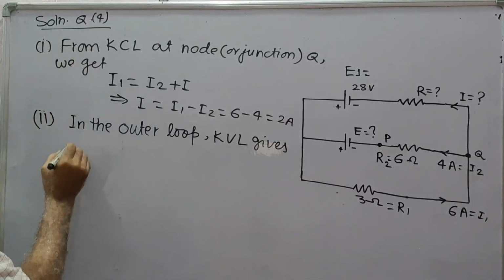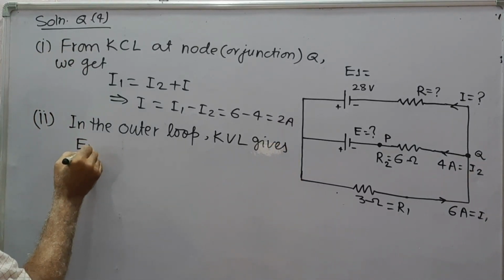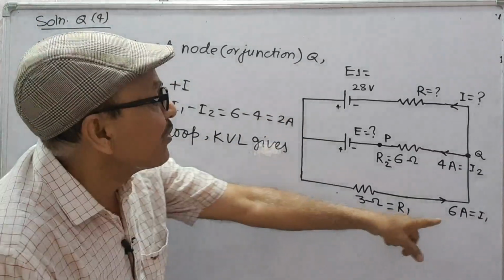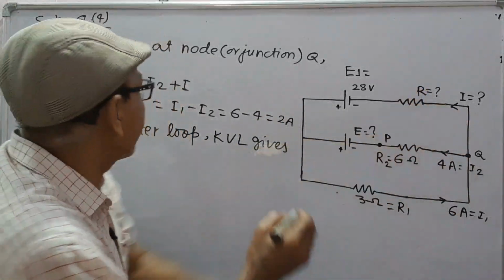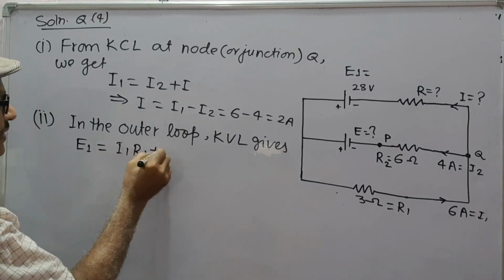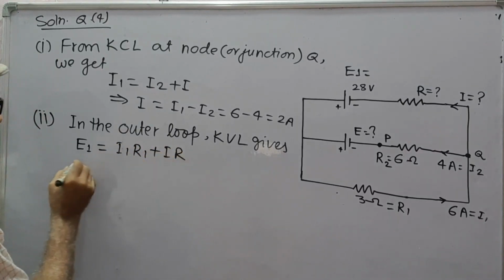Sigma EMF is equal to sigma IR. Sigma EMF is E1. E1 is equal to I1 R1 plus IR.